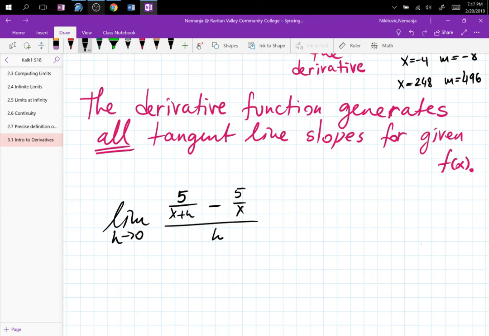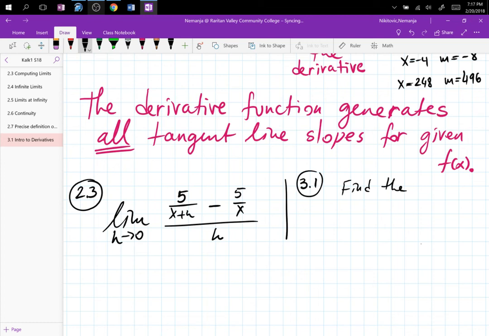This is a problem in 2.3. I get to ask the same question in 3.1 this way.